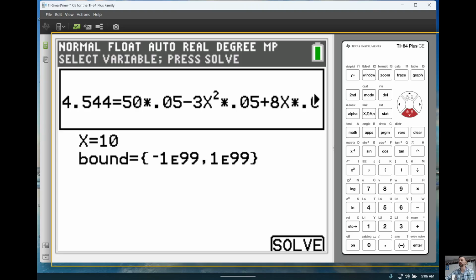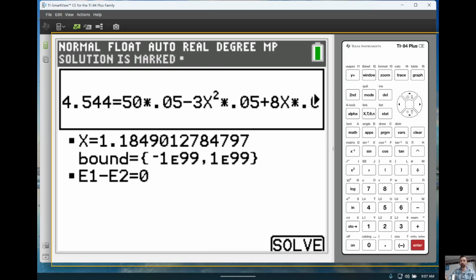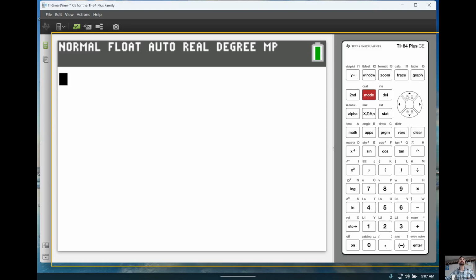It must have been 10. If you hit alpha enter, notice how it says solve in green right here. So when you do that, alpha enter should update this number to the solution. So the solution is 1.185. So again, let me say that real quick again, just so you know this is an option.